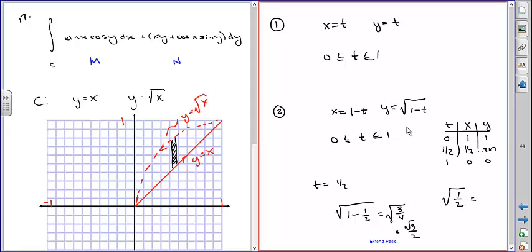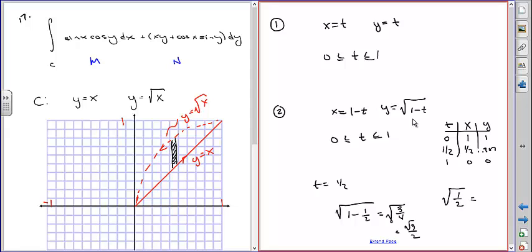Well, thinking about it, I guess it has to be that because y is the square root of x anyway. I forgot to think about that as far as the parameterization goes.